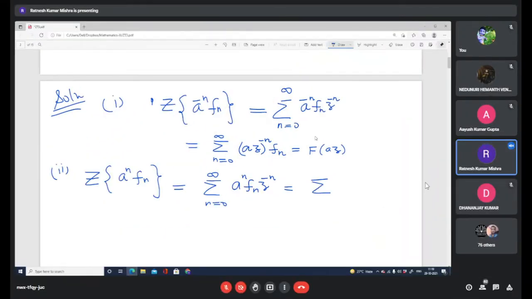So n equal to 0 to infinity, a by z to the power n, f(n). Open this.